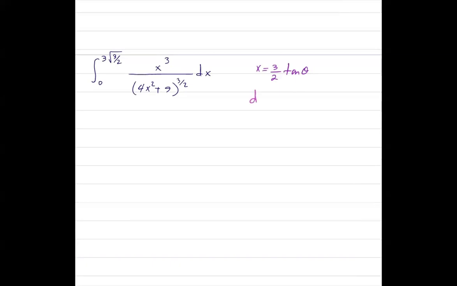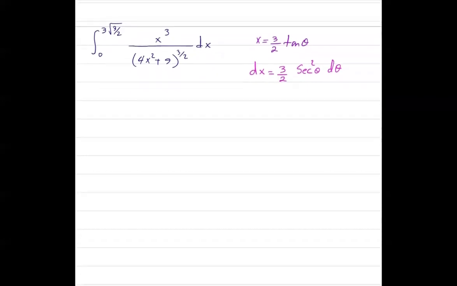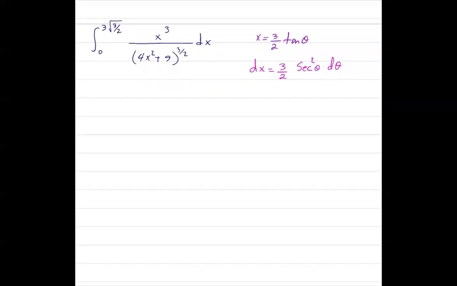If I calculate dx, dx is 3/2 times secant squared theta d theta. So let us begin. We need to plug this into the integral and simplify as much as we can. For now, I'm going to leave the boundaries empty, and then at the end, I'm going to do the substitution.